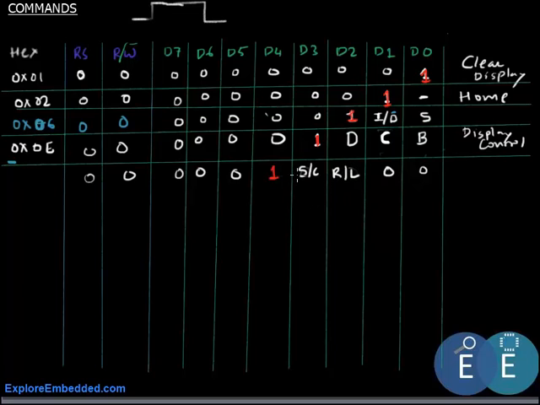If this bit is 1, it shifts the display, and if this bit is 0, it moves the cursor, and this sets the direction for the shift or the cursor.